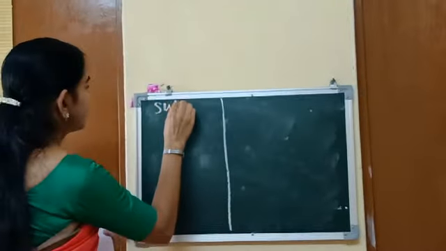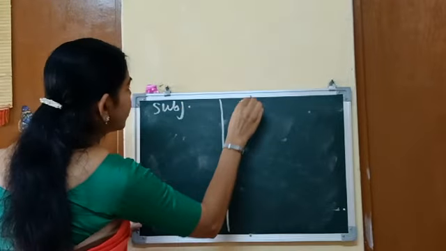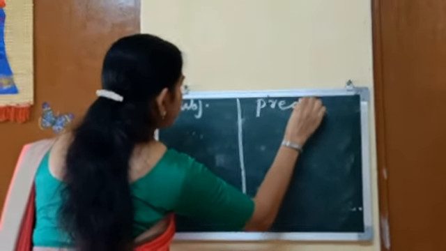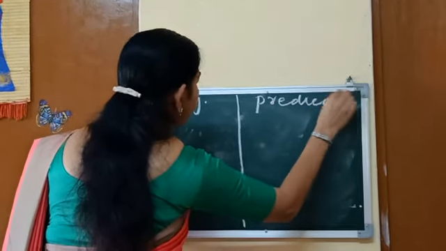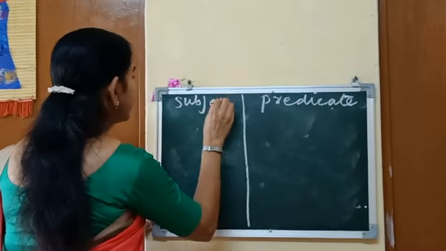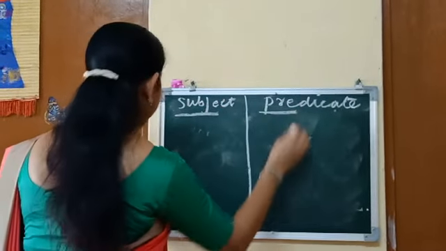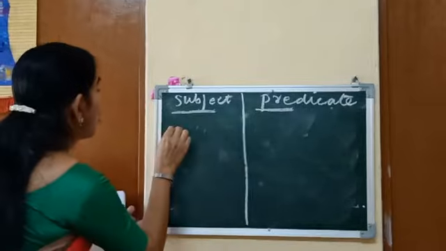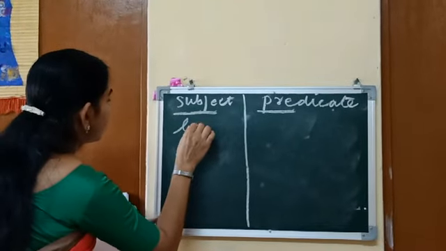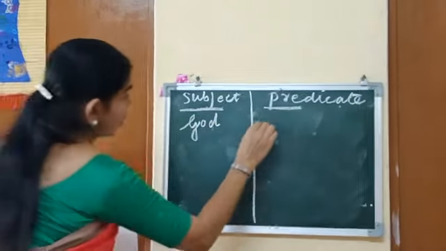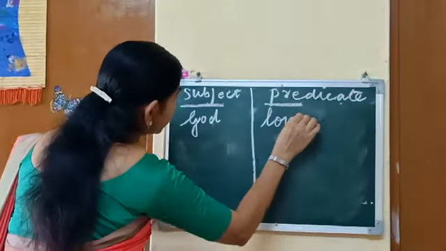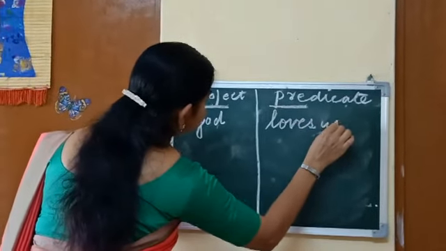This part is subject and this part is predicate. Simple example, God loves us all. God is the subject and loves us all, that is the predicate.